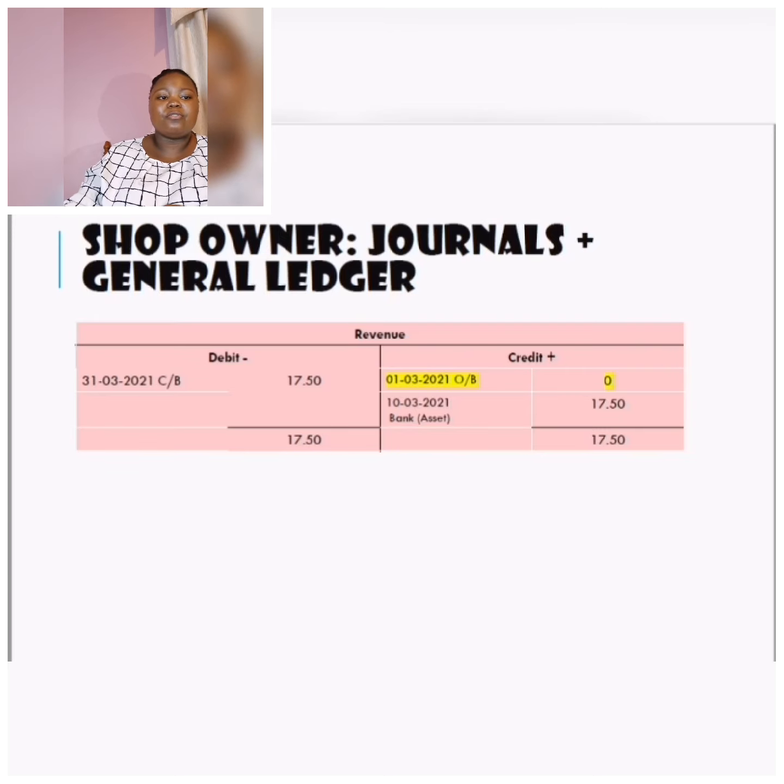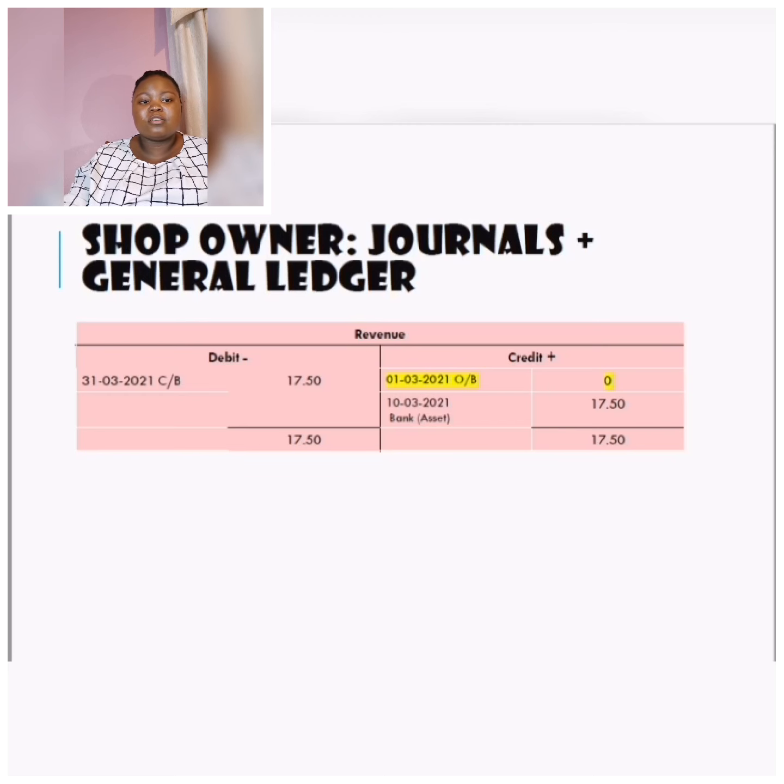so yeah, revenue, okay. You sold for 1750. That includes your bread and your chips. So revenue increases on your credit side. So when you sold, your revenue increased, so you record that. The rest is a bit self-explanatory.